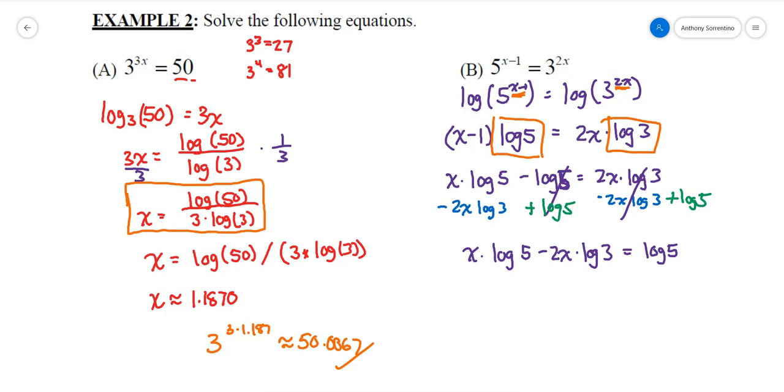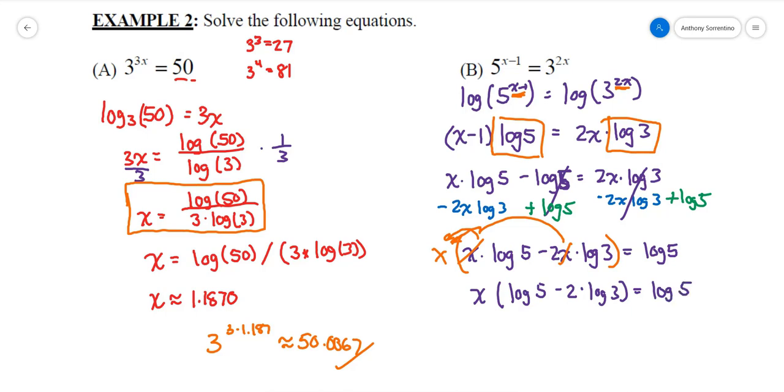I kind of lose my ability to do that, but what I can do is I can factor out the x. And if I do that, I'm going to be left with x times the quantity log of 5 minus 2 times the log of 3 equaling the log of 5.